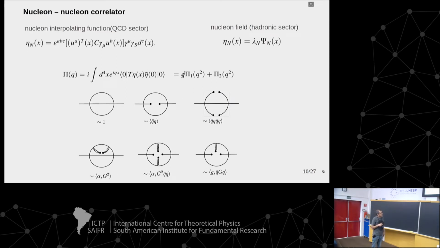Okay, this is the other example that we're going to explore: the nucleon correlator. To work with it, we use the nucleon interpolating function. This is the Ioffe interpolating function that includes the quark distribution in the nucleon.